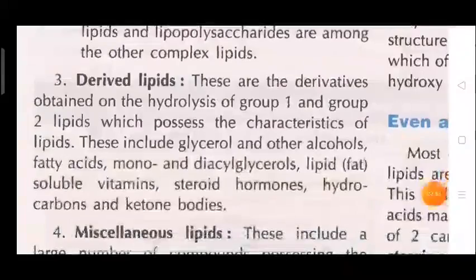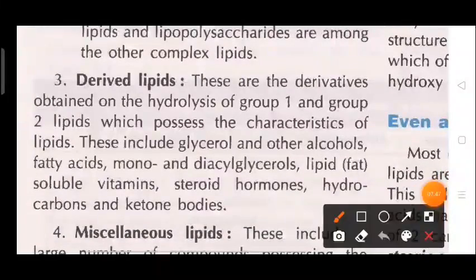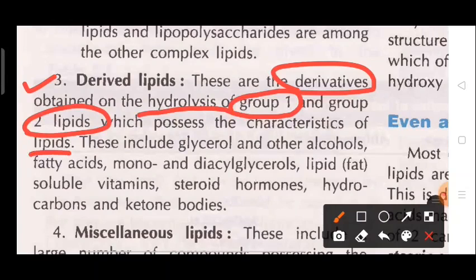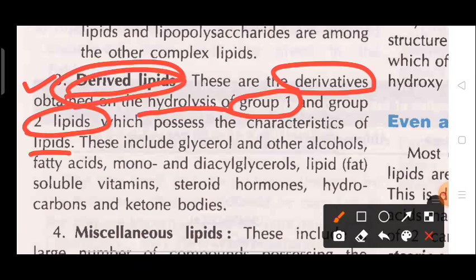The third type of lipid is derived lipid. They are derivatives obtained on the hydrolysis of group 1 and group 2 lipids, which possess characteristics of lipid. When group 1 and group 2 lipids get hydrolyzed, derived lipids are formed.